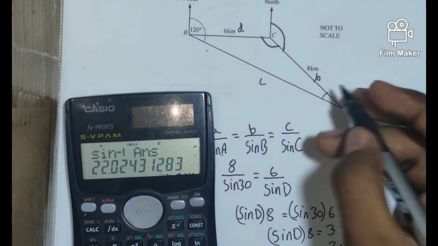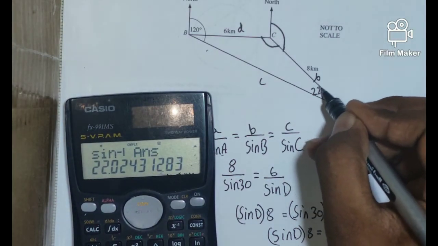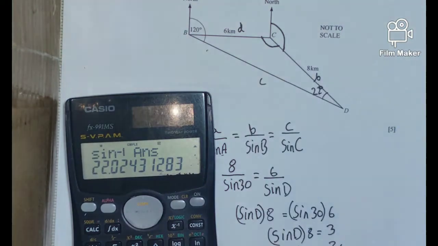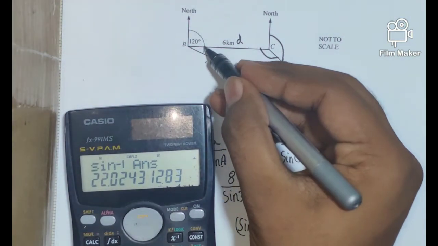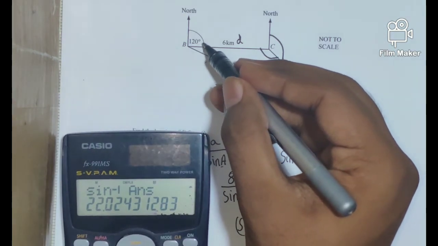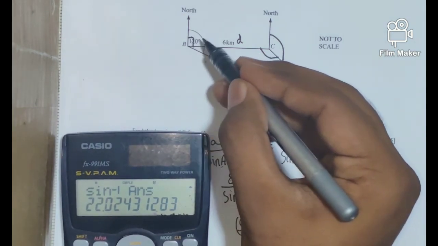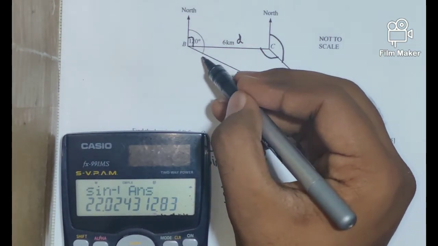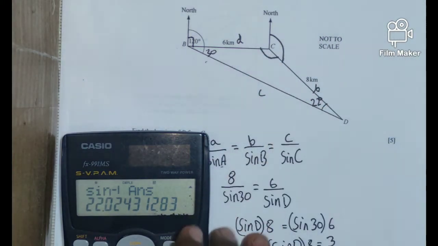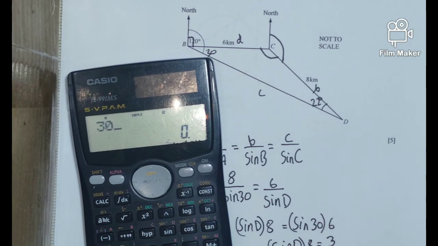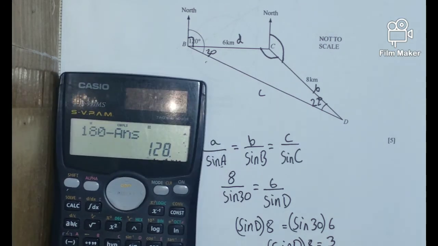So we know that this angle CDB is 22 degrees, and this angle would be 30, as this is 90, and 120 minus 90 is equal to 30. So 30 plus 22 is equal to 52, and then 180 minus the answer is 128.